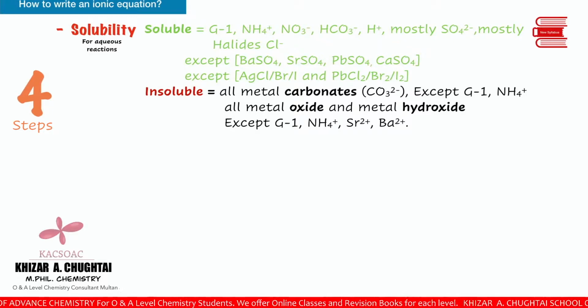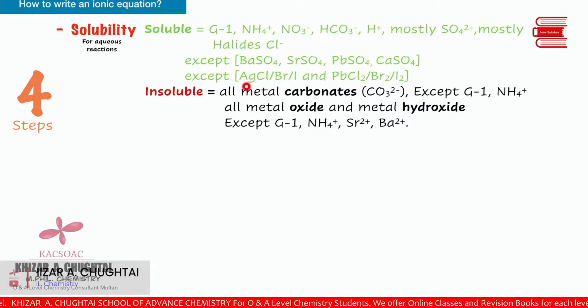The next exception is the halide ions, Cl, Br, I negative ions. If the halide ions are present with silver, AgCl, silver chloride, AgBr, silver bromide, AgI, silver iodide, this compound will again be insoluble.